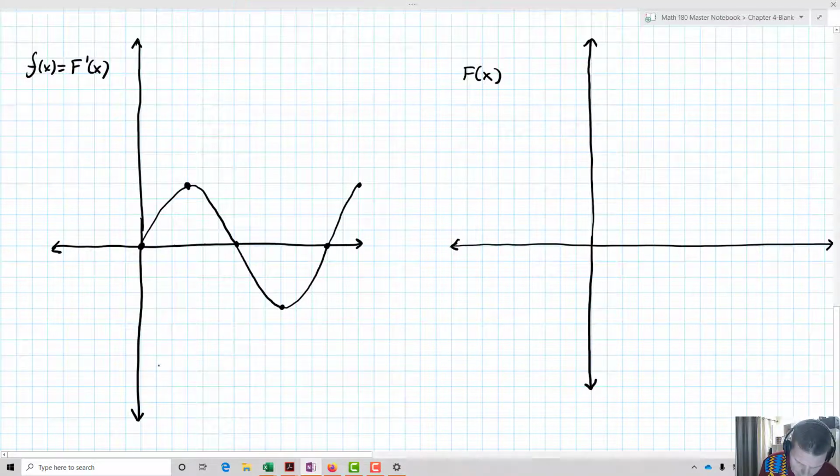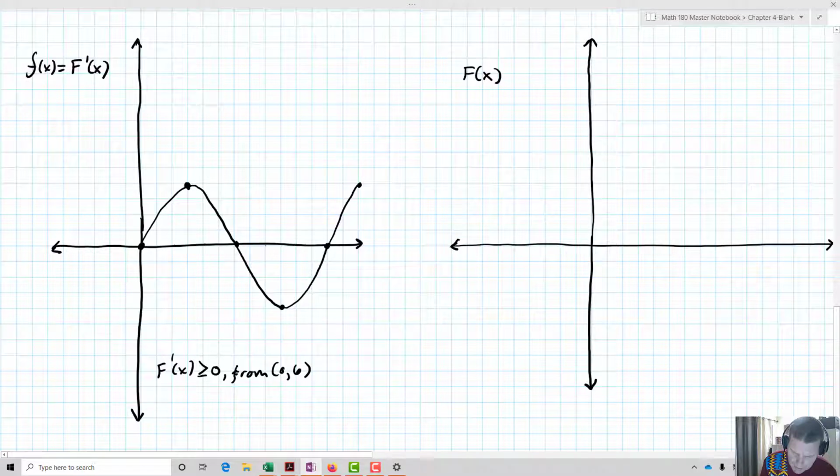So I'm going to write in here, F prime of x is greater than or equal to 0 from 0 to 6, and then also from 12 to 14. Then I notice that F prime of x is less than 0 when I go from 6 to 12.